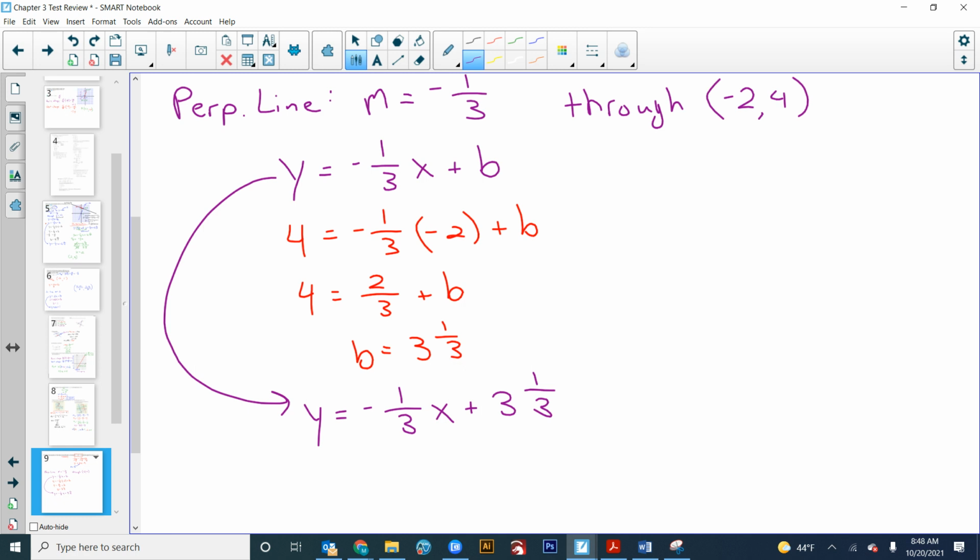Make sense? That is the line perpendicular to the original, and it goes through the point negative 2, 4. Okay? We made it go through the point negative 2, 4. We plugged in negative 2 and 4 for x and y, and we found the y-intercept that it went with. Okay?